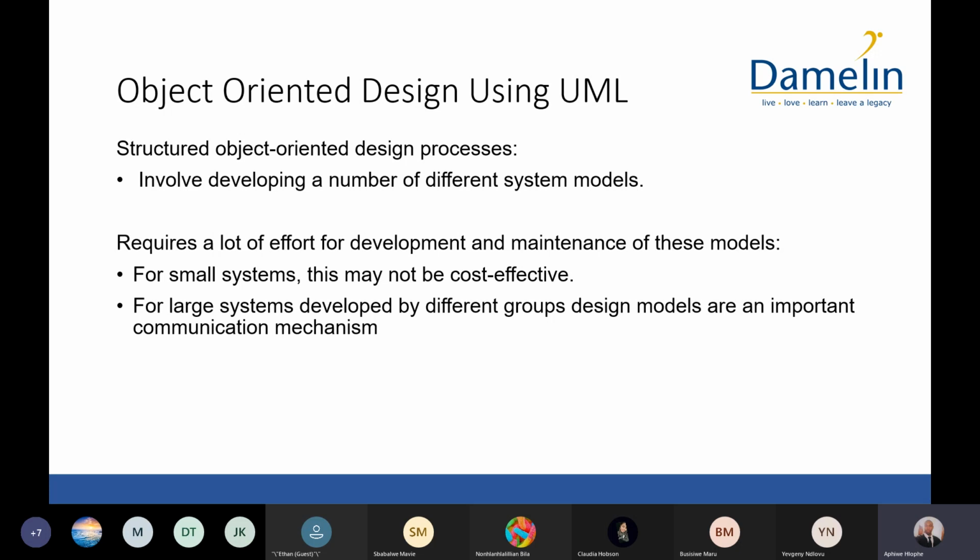Maybe you may do a couple of models here to understand what kind of features may be there as part of the system. But models are very necessary when you're dealing with large systems, because as you can see, they become an important communication mechanism. How so? Remember that you first start with your requirements engineering, then you develop the design models. And the project team may understand the technicalities behind the requirements engineering process.